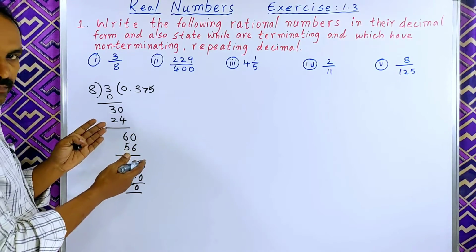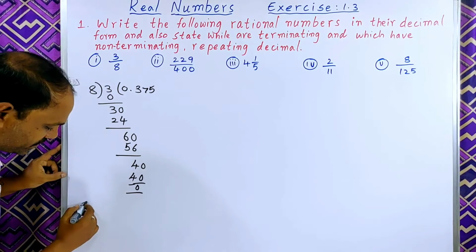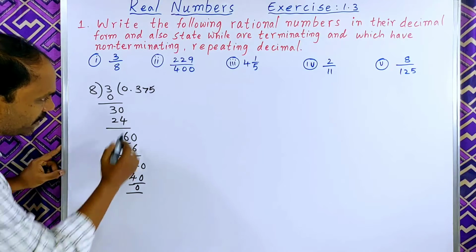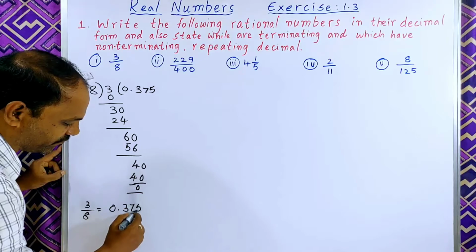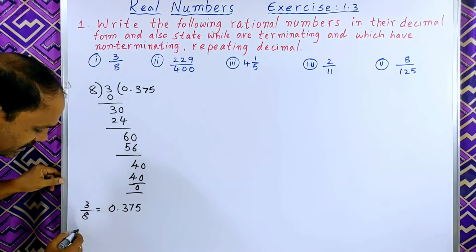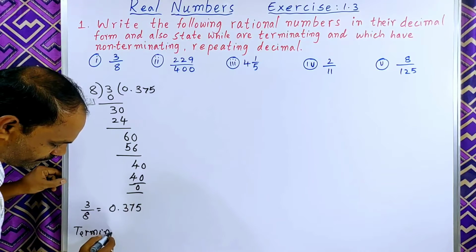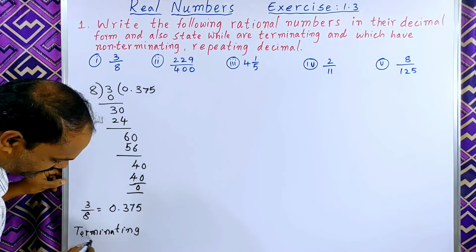This process ends here. That's why 3 by 8 can be written as 0.375. It ends here, that's why this one is a terminating decimal.